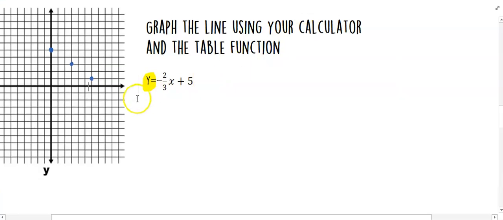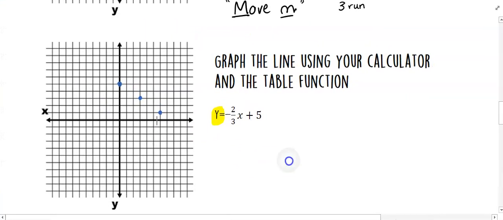Now, when I go back to my graph here, I'm just going to connect these dots with a line. As neatly as possible.